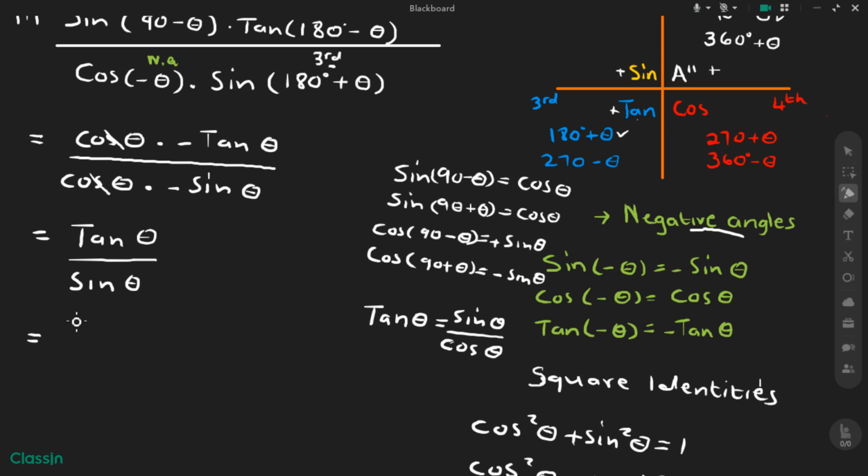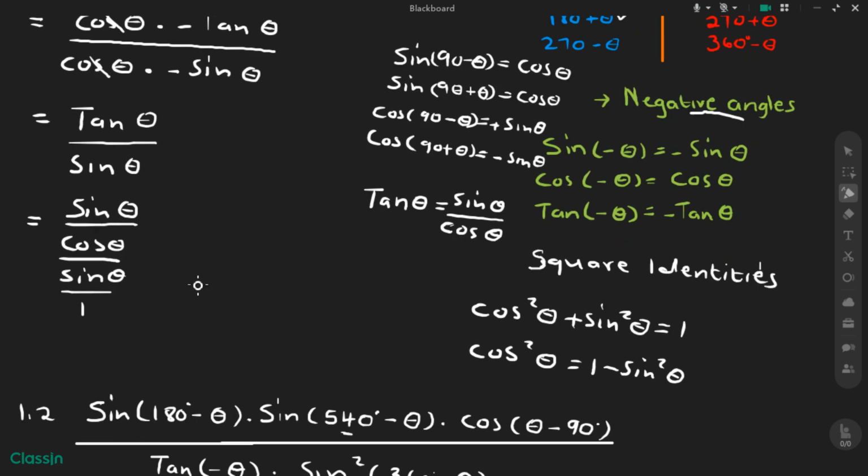So where we see tan, we are going to substitute it as sine theta over cos theta. So we have sine theta over cos theta over another sine theta. But let's remember that this denominator is also a ratio, it's the same as over 1.